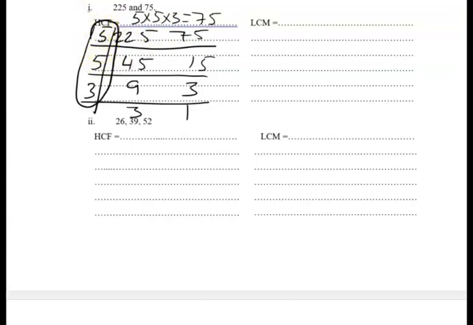It's going to be in the L shape. So you're going to multiply 5 by 5 by 3 by 3 again. And that's going to give me 225.